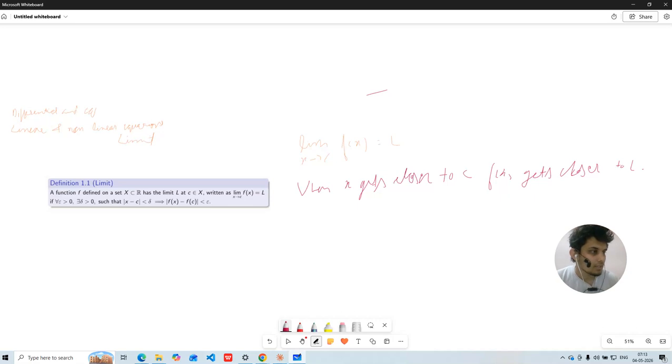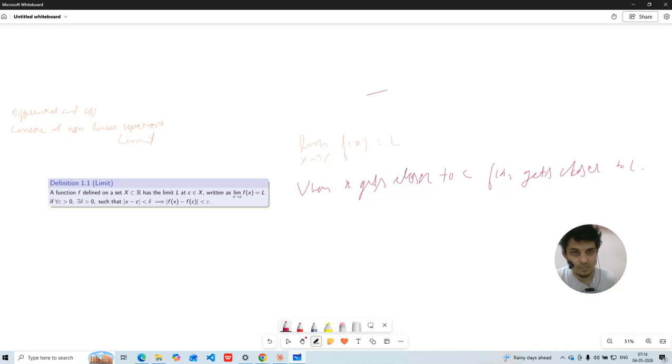Now let's break every item so that I can explain it to you. A function, remember always, a function is just a machine. It takes an input, gives an output. It takes multiple inputs, gives multiple outputs, or takes multiple inputs and gives a single output. That's a function.